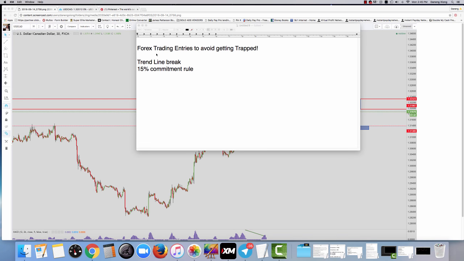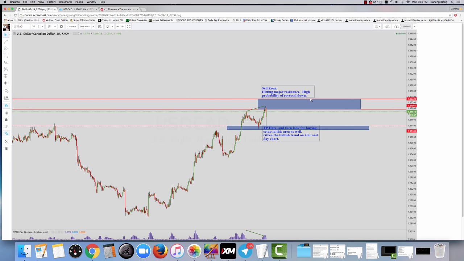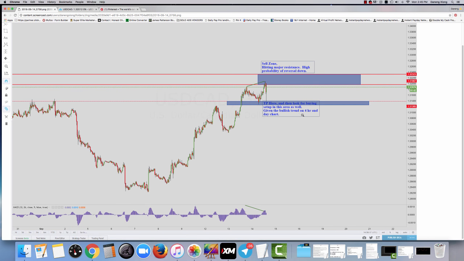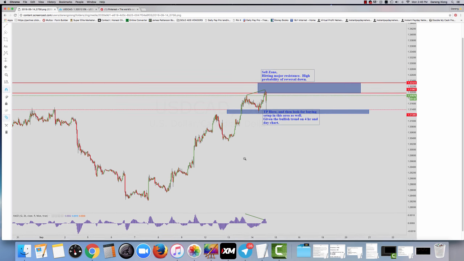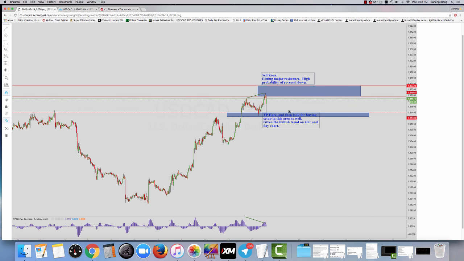If you remember, I told you about these zone areas. This is from my Telegram channel, and I sent this picture out to you. This is the sell zone. Once price hits up here, anywhere around this area is a good place to place a sell, and you have to figure out where a good entry is.